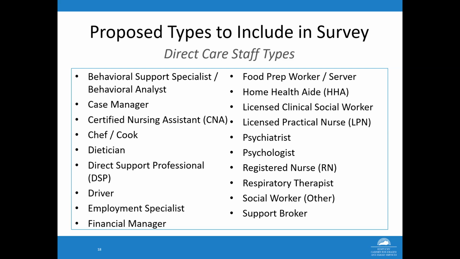So wouldn't they be serving as a driver in that capacity? Yeah, but I don't know that that would be very intuitive to someone filling the survey out, or that it would be easy to quantify. I think people would see driver and think of van driver, not someone taking someone to medical appointments.